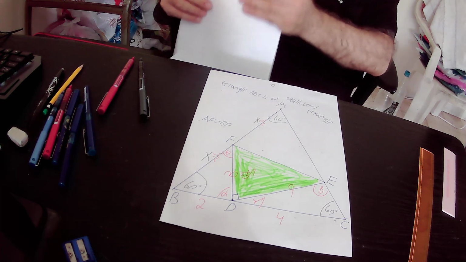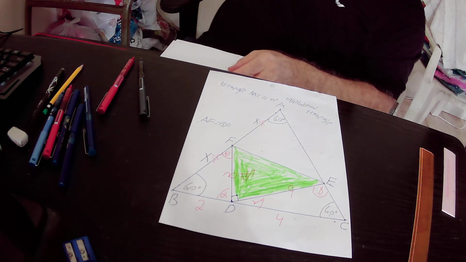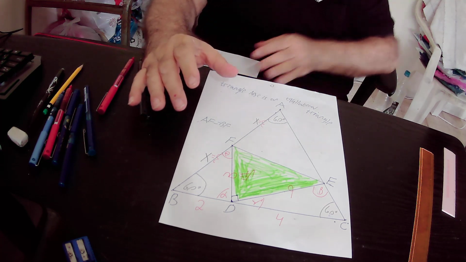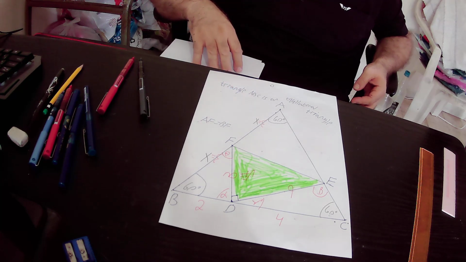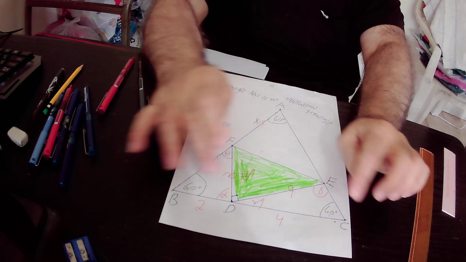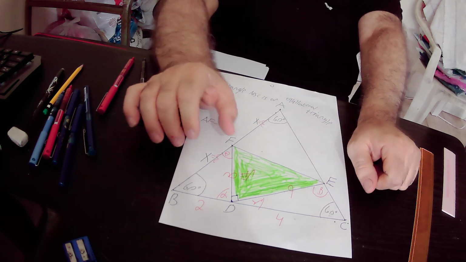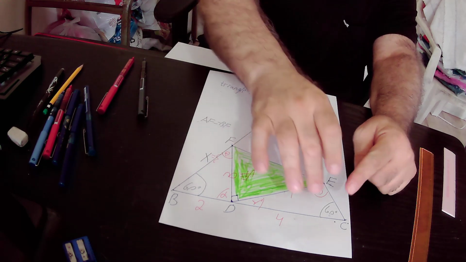Okay, so first of all, we will find the size of the side of the equilateral triangle ABC, and we will focus on side BC. Side BC equals BD plus DC.